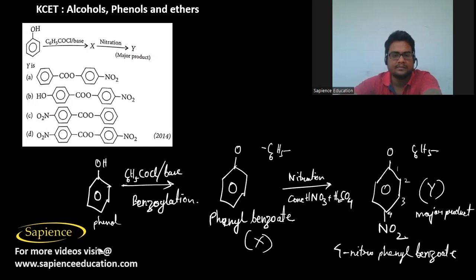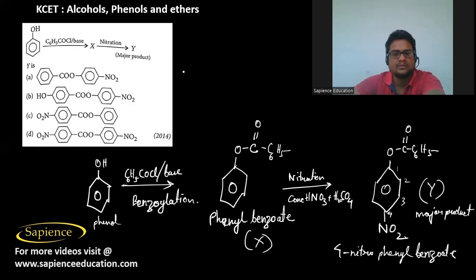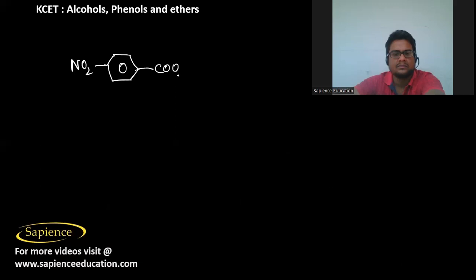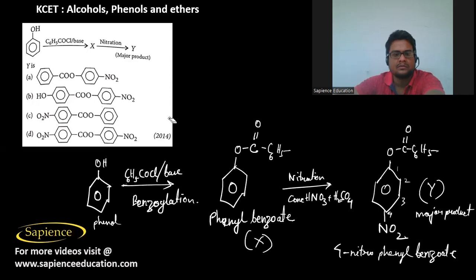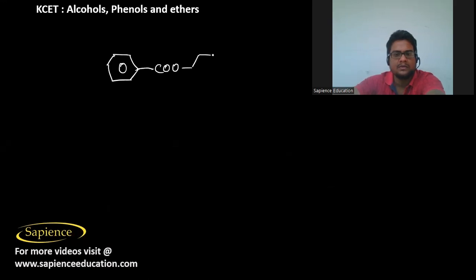So the structure will be, this is COO, then here one benzene ring, and here NO2.